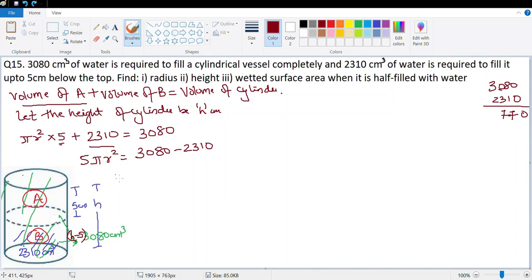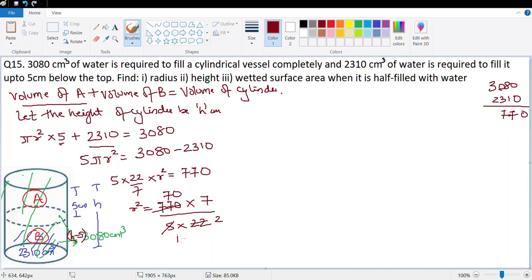So this is 5 into 22 upon 7 into r square is equal to 770, which means r square will be equal to 770 into 7 upon 5 into 22. 11 into 2, 11 into 7, that's 70. 5 into 1 and 5 into 14, 2 into 1, 2 into 7. Therefore, r square is equal to 49, which means r is equal to 7 centimeter.